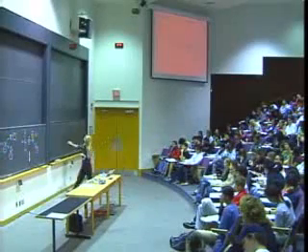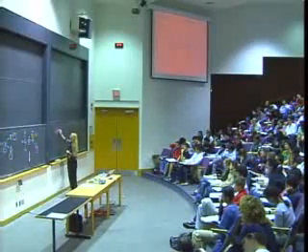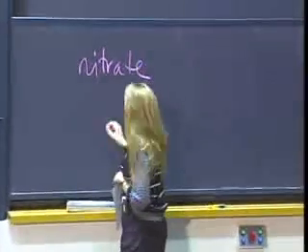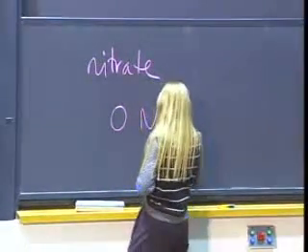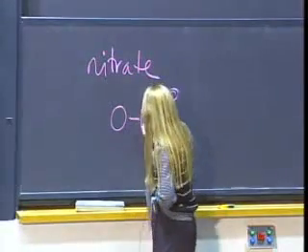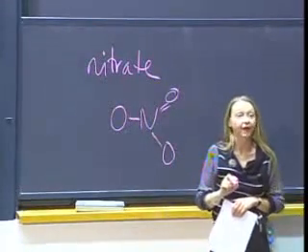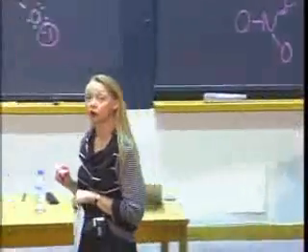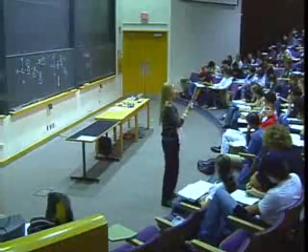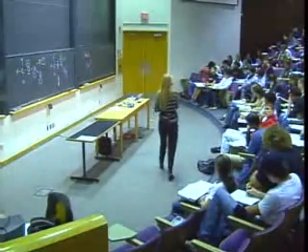And if you ever see the word nitrate, like in that expression, that means all of those oxygens are going to be bound to the nitrogen in some way. Okay? So on an exam, if you see an NO2, those two oxygens are going to be bound to the nitrogen. If you see the word nitrate, the 3 oxygens are going to be bound to the nitrogen.